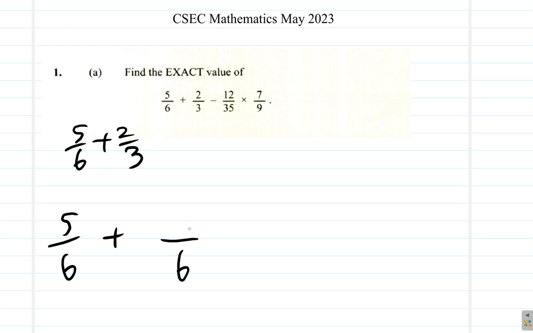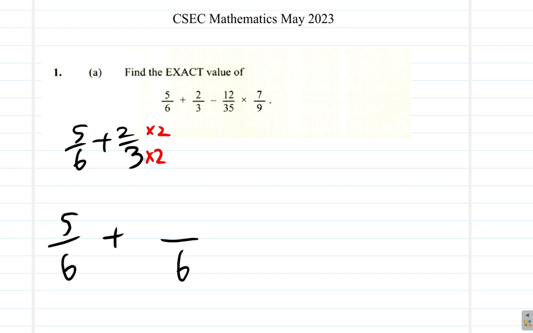So here we have 3 times 2. 3 by 2 will give you the 6. But if you multiply down here by 2, you must also multiply up there by 2. Alright?